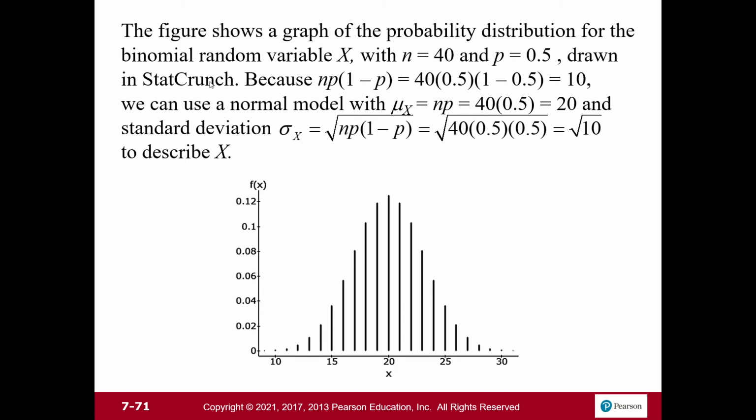Alright, and so here the figure shows a graph of the probability distribution for a binomial random variable, and we get that the mean is 20 and the standard deviation is the square root of 10.